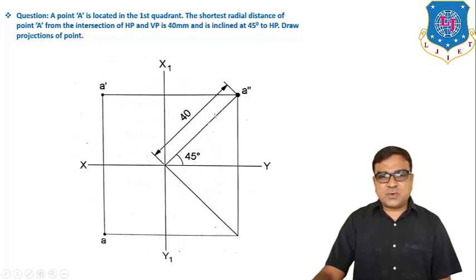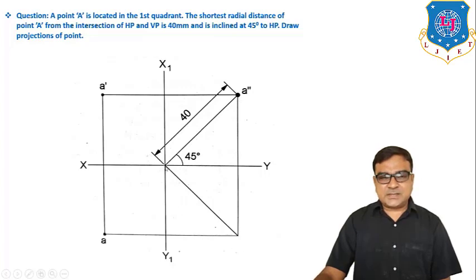So draw a 40 mm line inclined at 45 degrees, and we will get the side view a double dash first. Then from this point we draw a horizontal line and a vertical line.